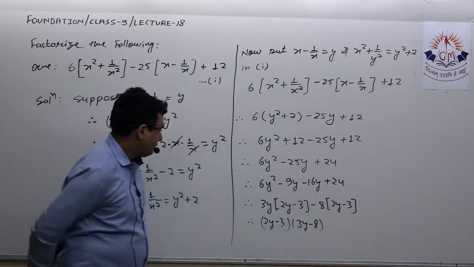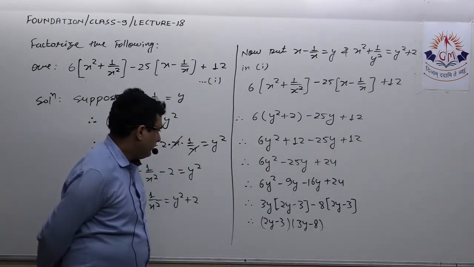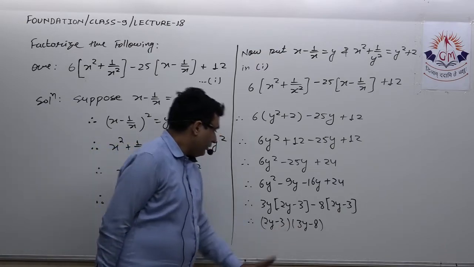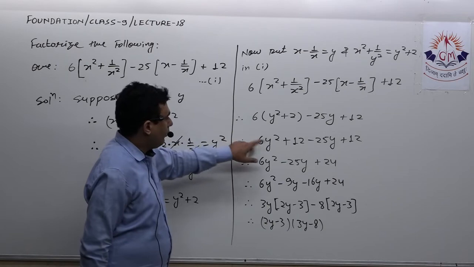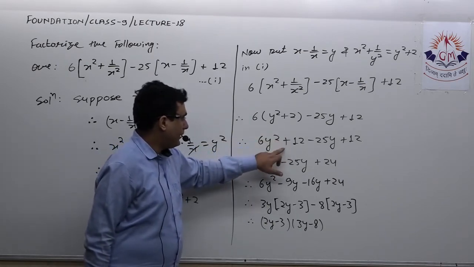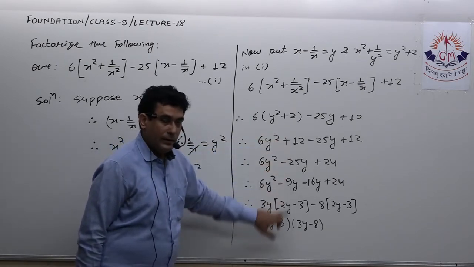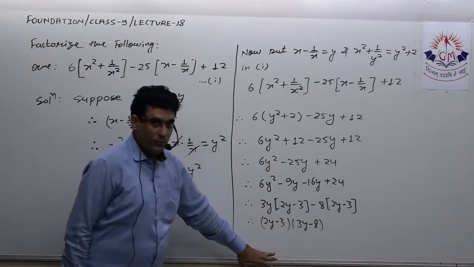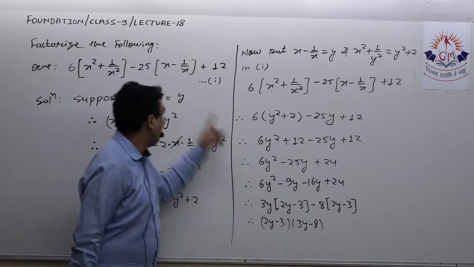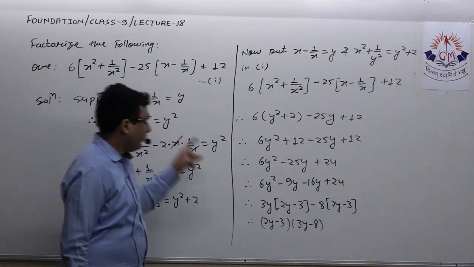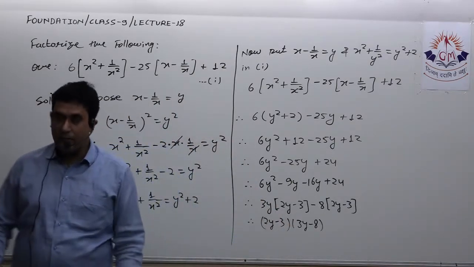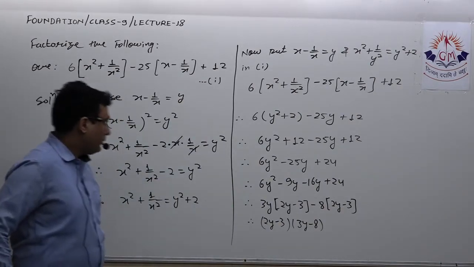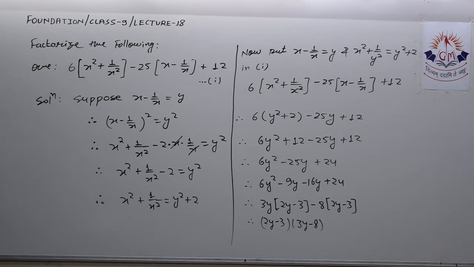Okay, so these are the factors of this quadratic expression in terms of y. But we need to find the factors in terms of x. So note it down up to this point. Now we'll put the value of y, which is x minus 1 upon x, and further we'll check whether it is possible to factorize that expression or not. So note it down up to this point.